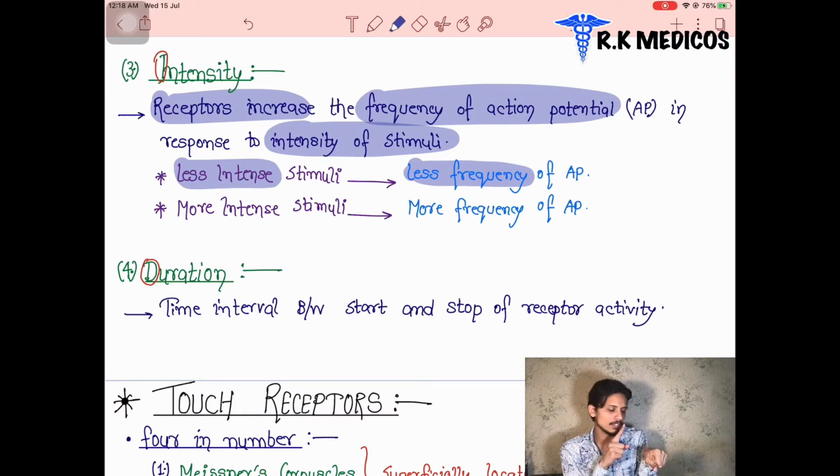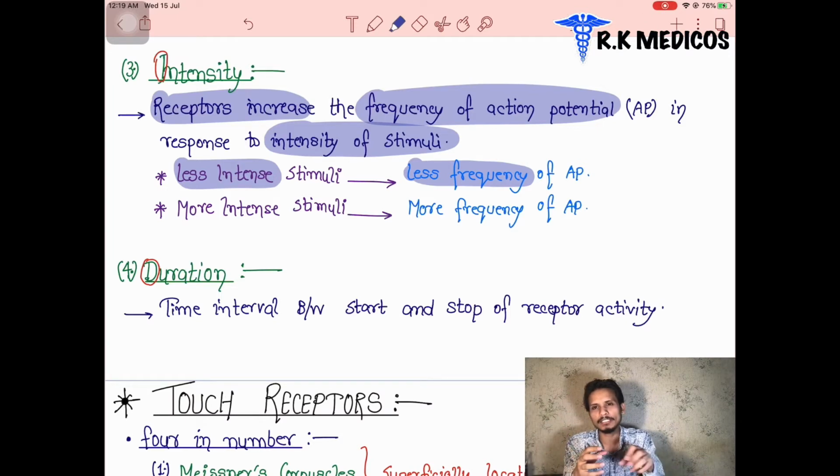Suppose we touch in a very crude way, this stimulus we give to the receptors is a very intense amount of stimulus for their transmission. In this way these impulses and action potentials are much faster when we touch in a crude way, because the stimulus given to the receptor is above the threshold potential.